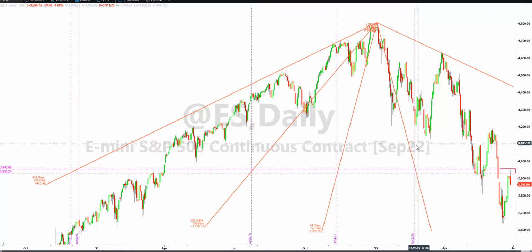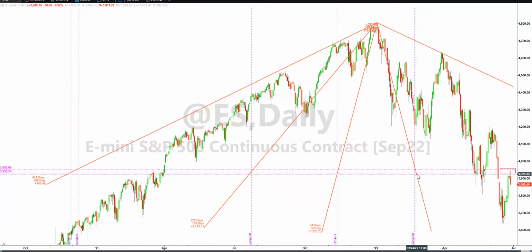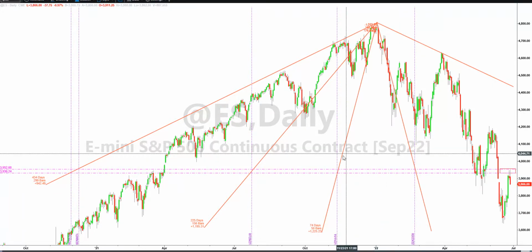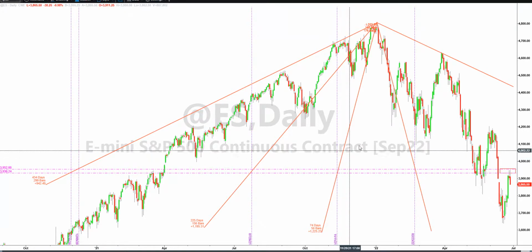So there's the low. My vertical line is one bar off the low, just so you can see that pivot low. Where that crosses one of these angles, it gives me a price level, and that level's at this vertical line.